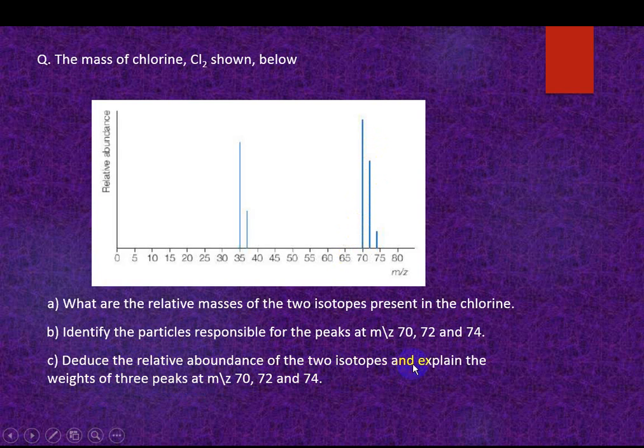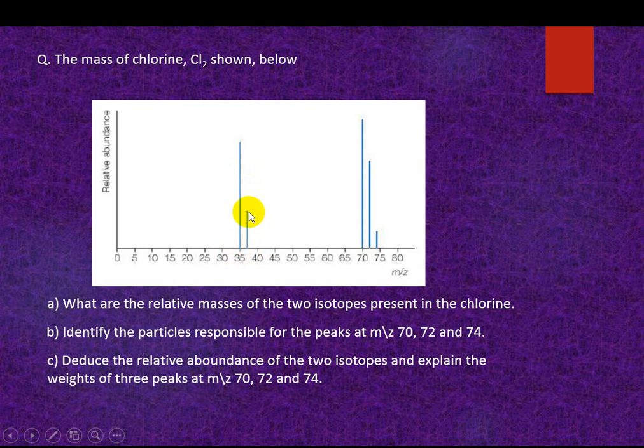What will be the relative abundance of the two isotopes, 35 and 37? What is the ratio? Look at this one and this one. 37 is this one and 35 is this one.